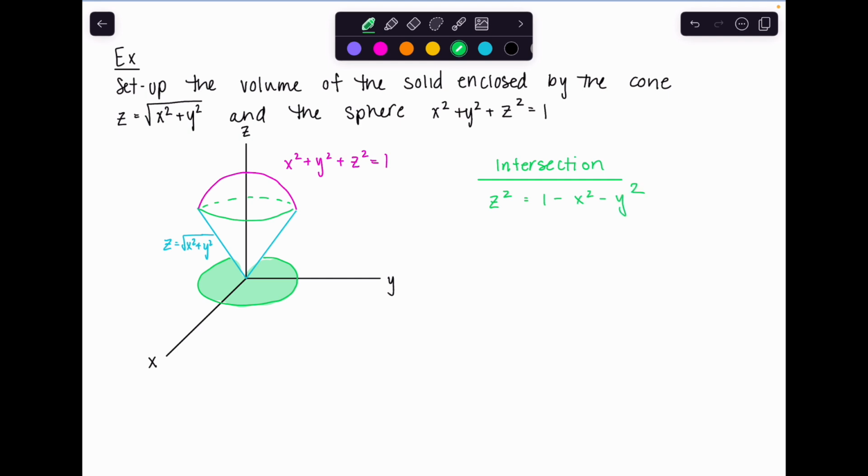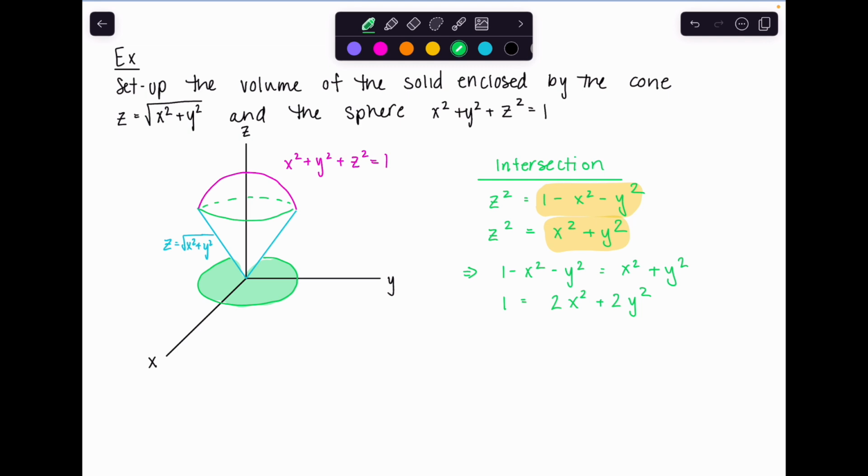I can go ahead and take the square root, but realistically I can also just say from here that z squared is x squared plus y squared. So setting these two things equal to each other gives us that 1 minus x squared minus y squared is x squared plus y squared. Moving those over, we end up with this.